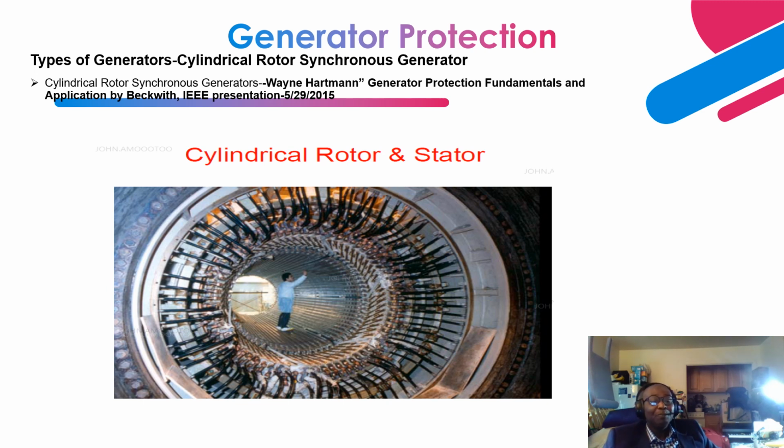So basically moving from one end of the generator to the other end, inspecting each slot of the generator where the windings are located, and the end bell area, the end winding area, looking for heating and looking for damage to the core and to the winding and the insulation system.